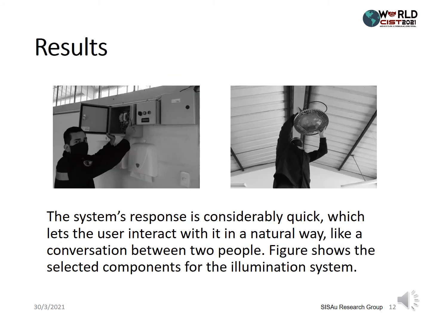The system response is considerably quick, which lets the user interact with it in a natural way, like a conversation between two people. Figure shows the selected components here, and for the illumination system, this adaptation has decreased the monthly electrical consumption by 10%.